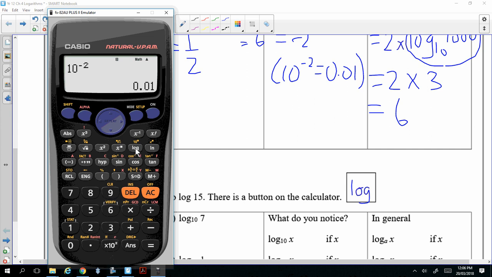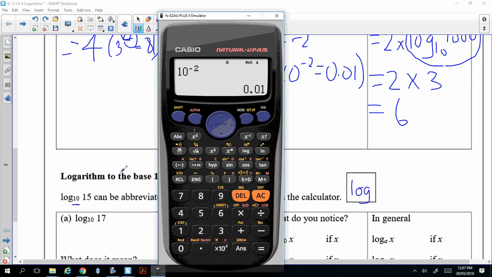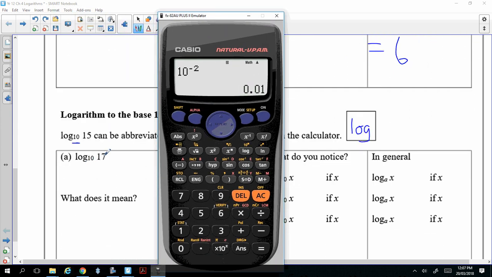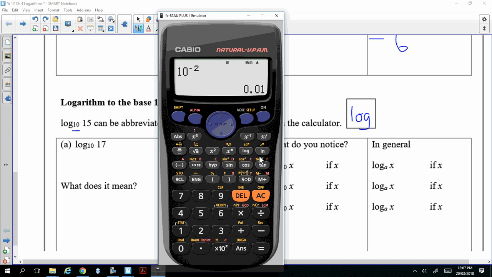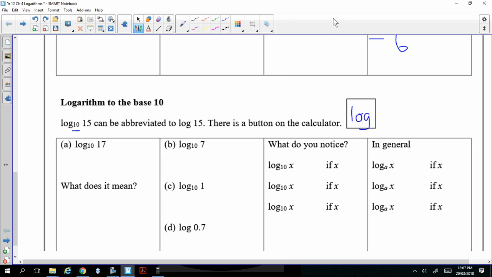So if I want to do the first one, log 17 base 10, you write log 17, close bracket, equals 1.23. But what does the 1.23 mean in this context?